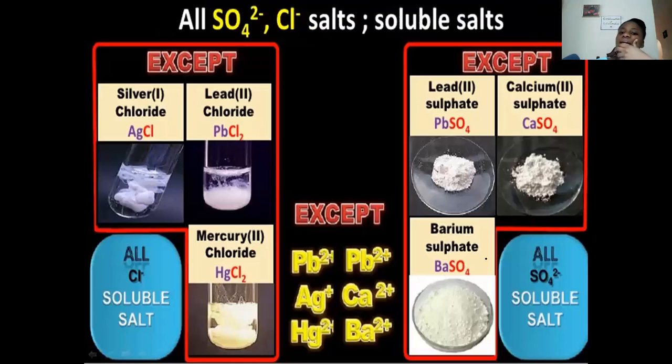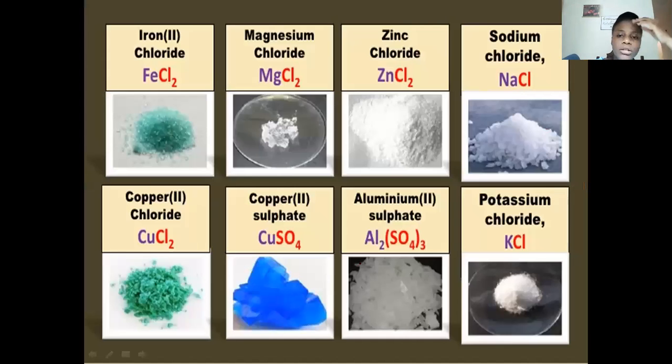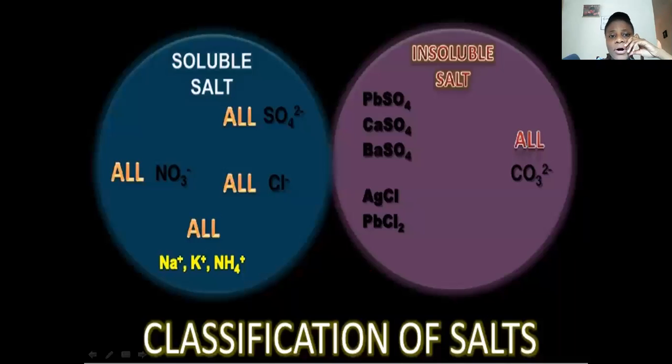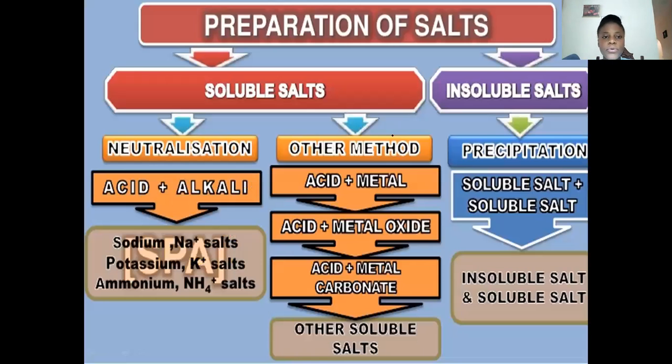Sulfates are soluble except lead and barium. And most chlorides, iodides and bromides are soluble except for lead and silver. So this you know already, and you have the handout.